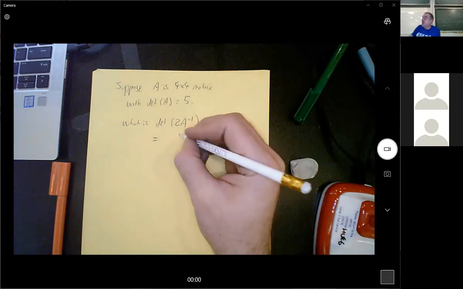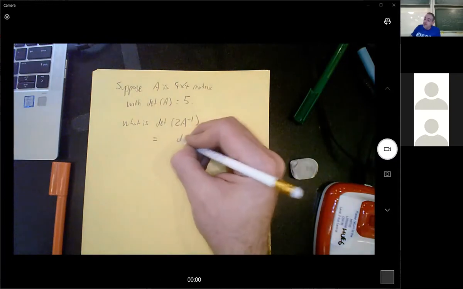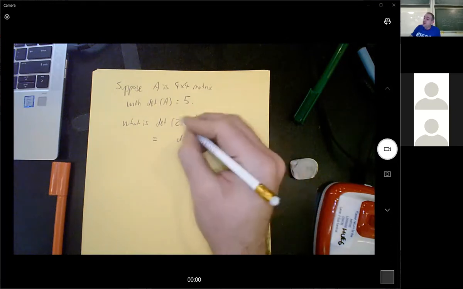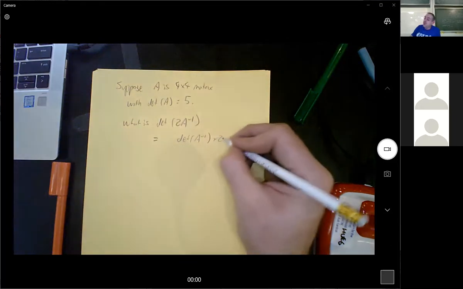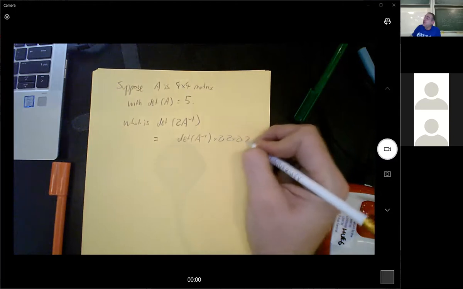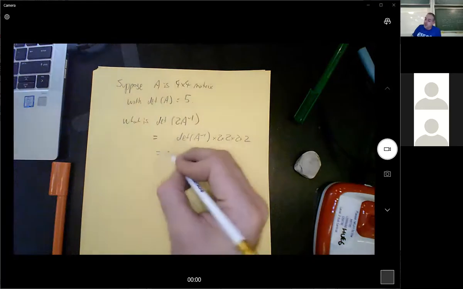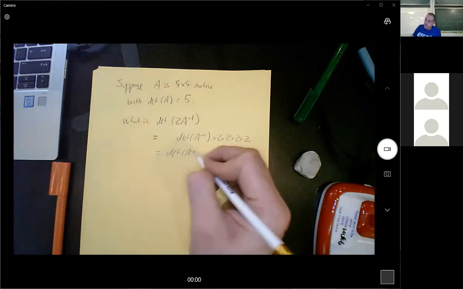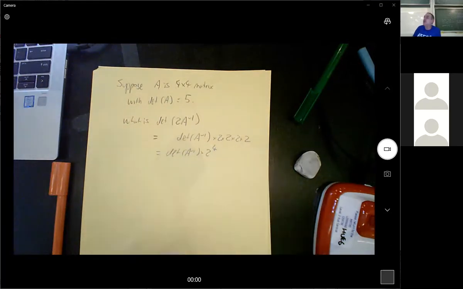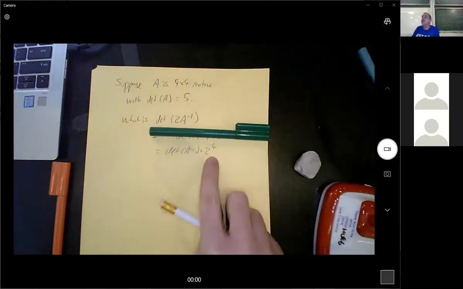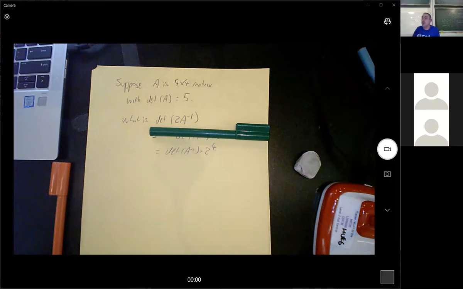So just to make it absolutely clear, whatever the determinant of A inverse is, multiplying by 2 will end up multiplying it by 2 four times, once for each row that it has, because it's a 4 by 4 matrix. Some people remember the rule this way and go straight to this, which is what you did.